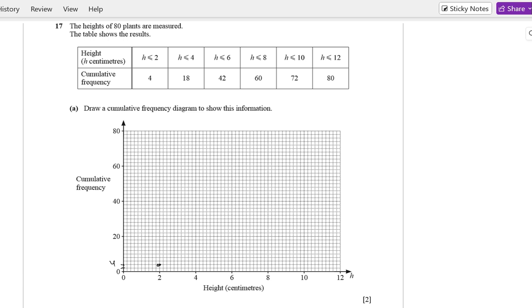For 4 it's 18. 6 it's 42. 8, 60. 10, 72.